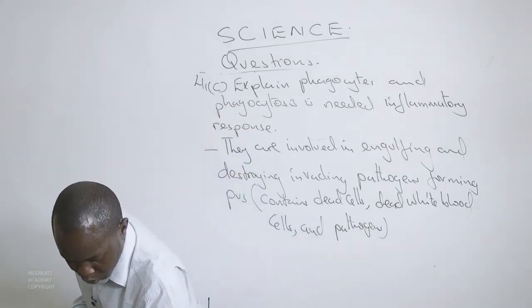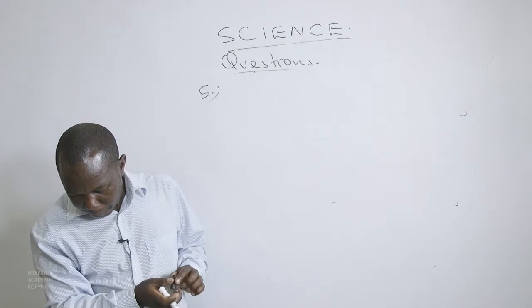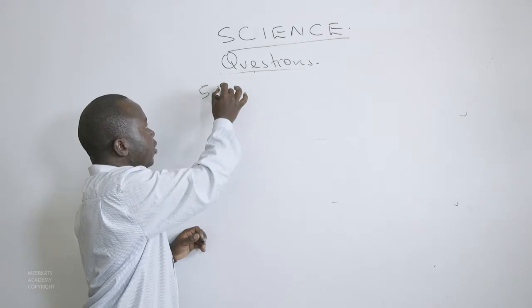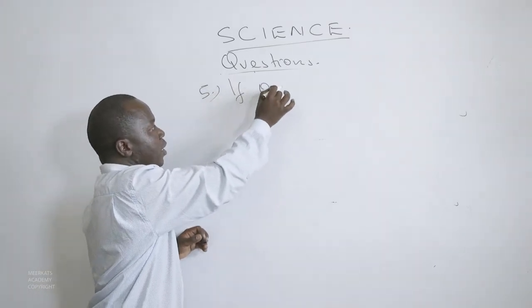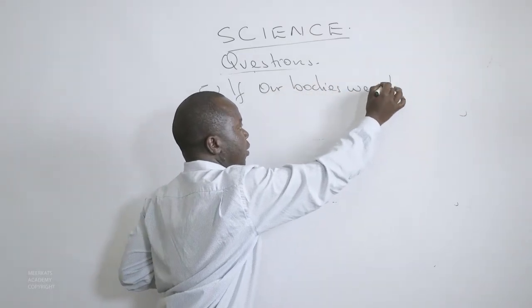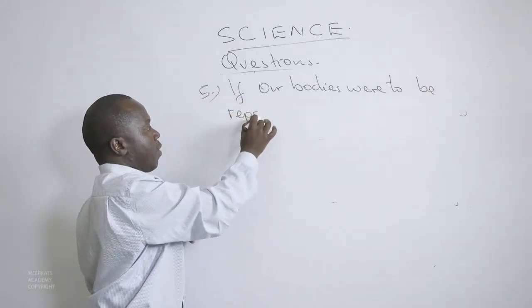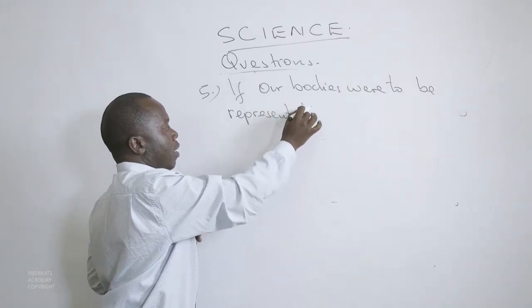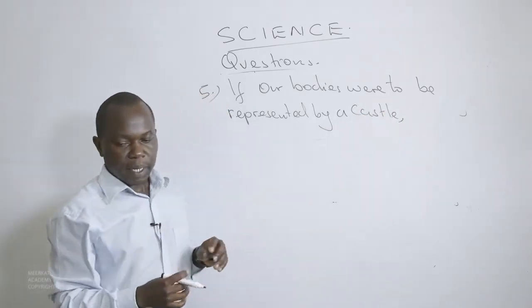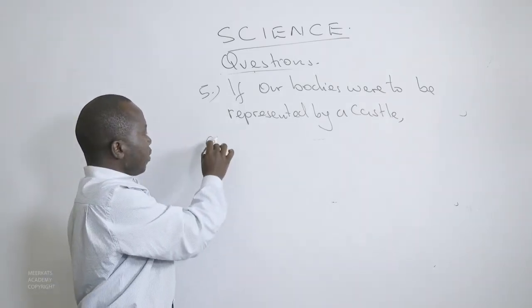Then the last question, question number 5. If our bodies were to be represented by a castle, you answer the following question.